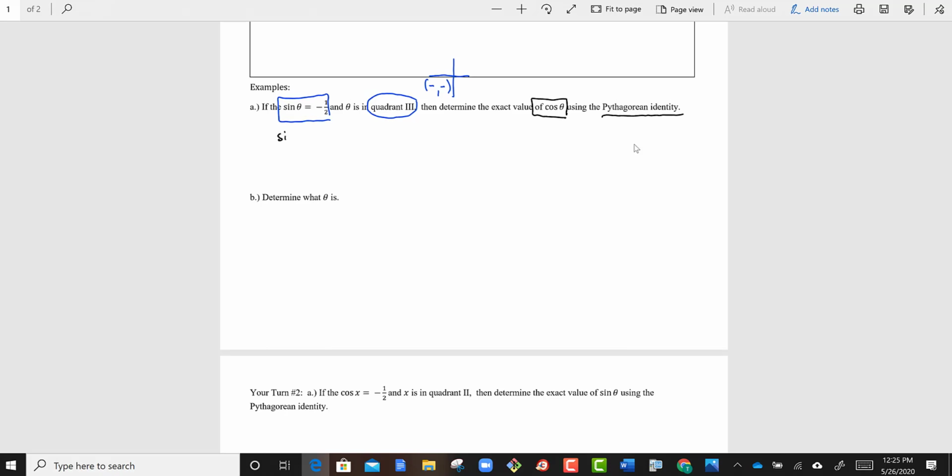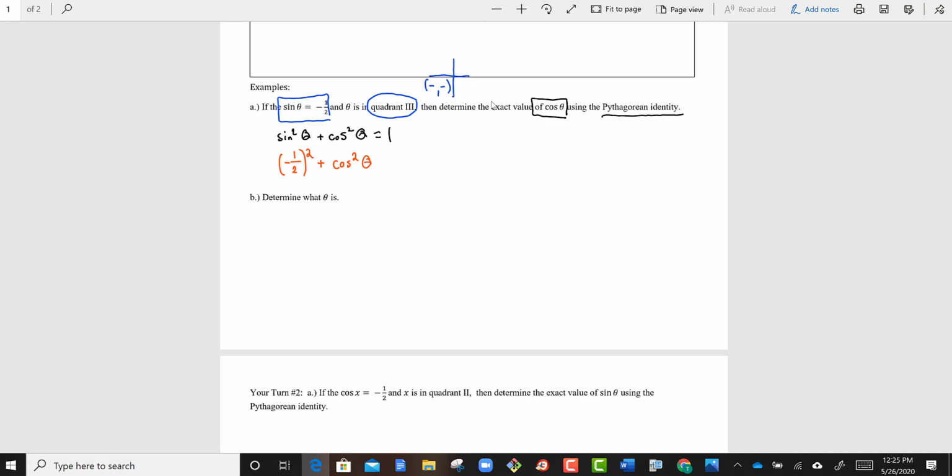So the Pythagorean identity is sine squared theta plus cosine squared theta, and you could rewrite this as cosine squared theta first, it doesn't matter. They give us the value for sine of theta. The value for sine of theta is -1/2, and then we have to remember to square it.